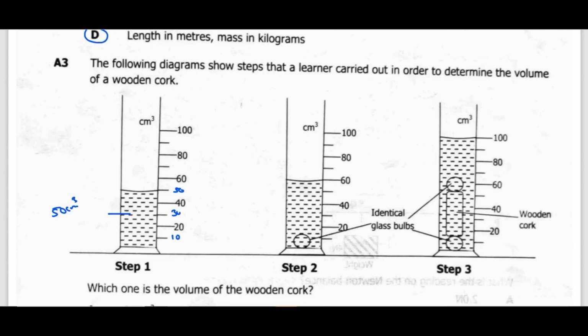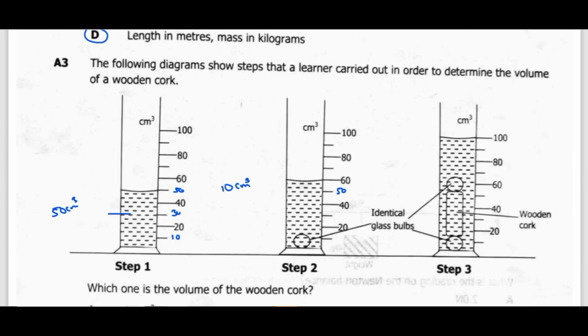And then this glass bulb was dipped in the liquid, and then the liquid had to increase from 50 to what? To 60. So from 50 to 60, meaning that the difference here is 10. So that is the difference. Let us look at the other one.